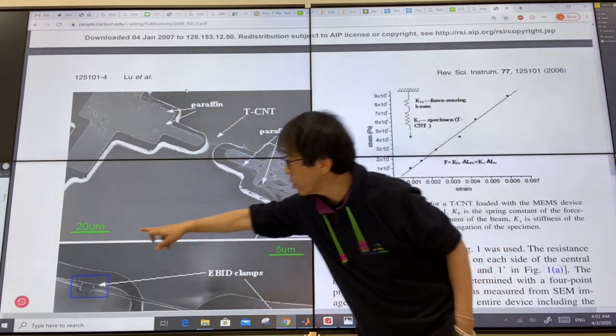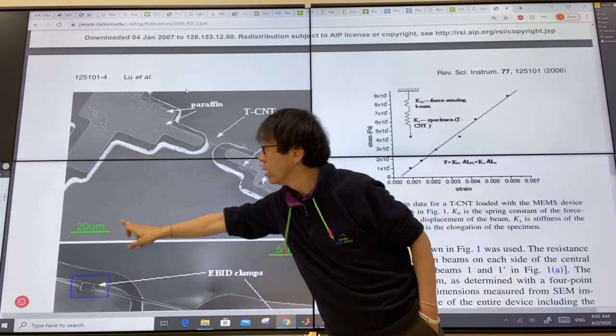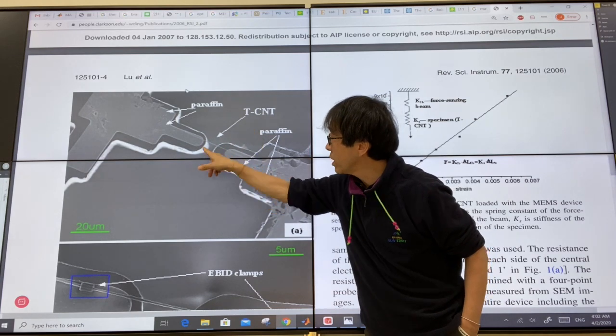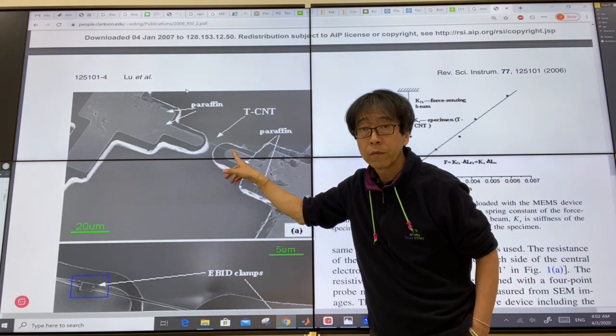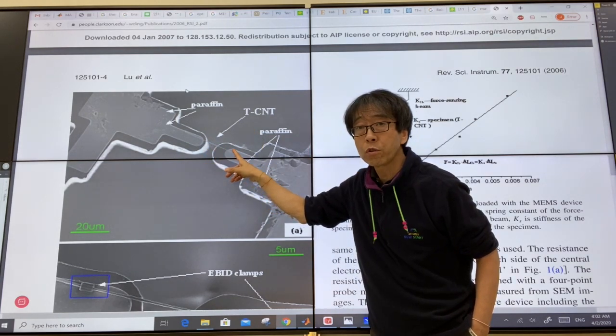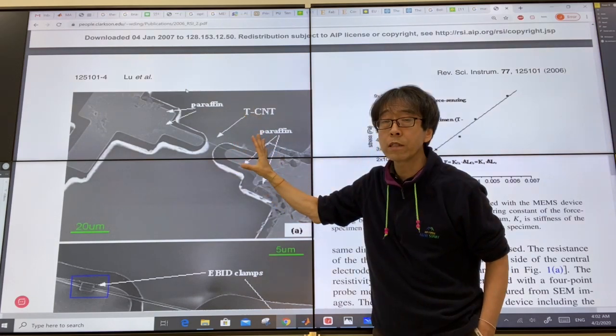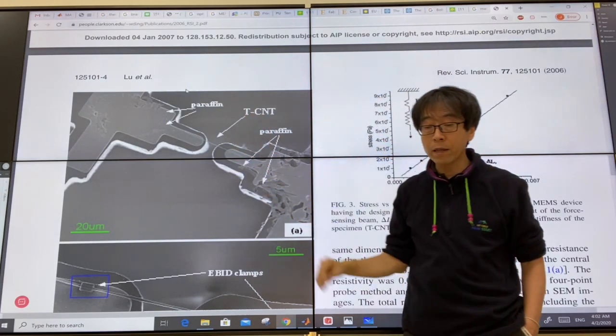Look, this is only a 20 micron bar, so it's really small. You can see this carbon nanotube because we took the picture inside the scanning electron microscope.